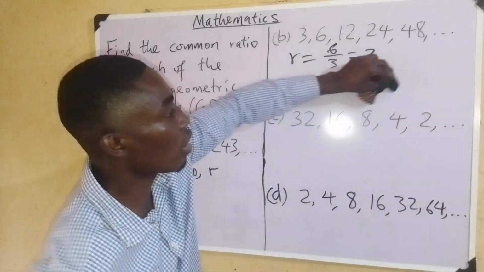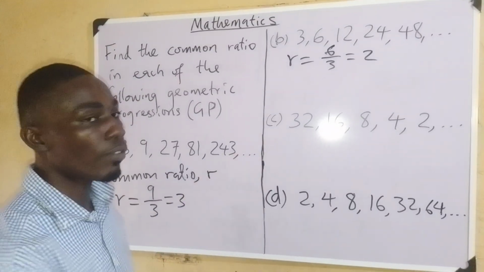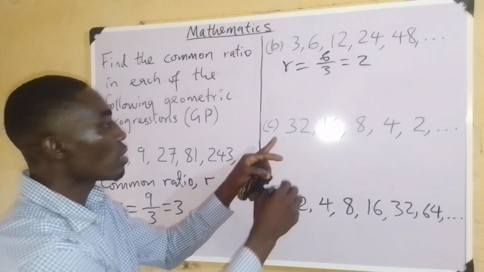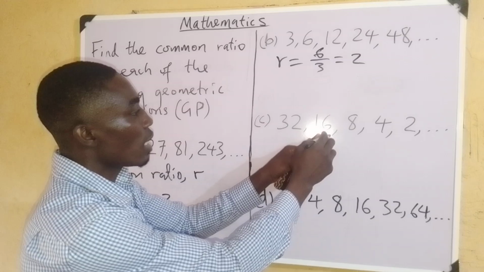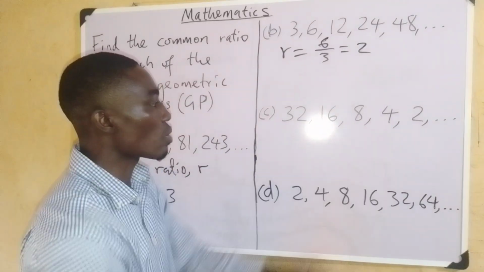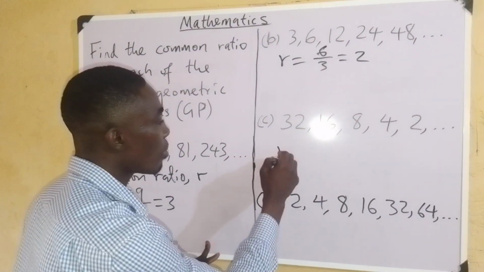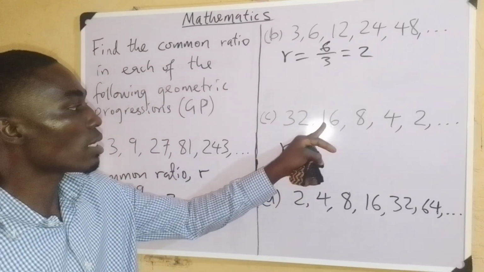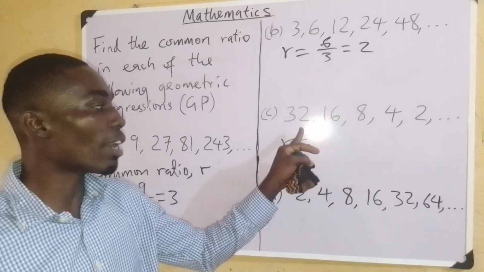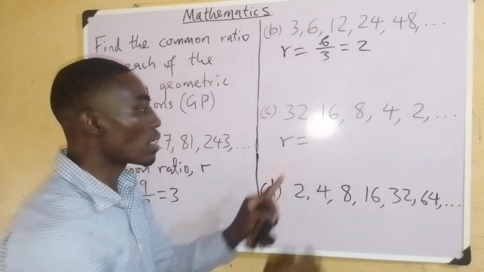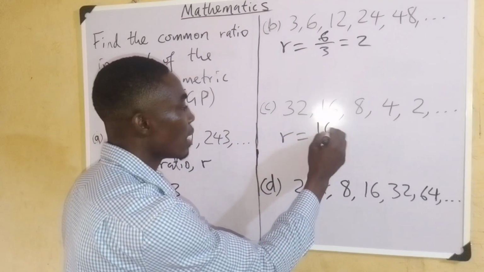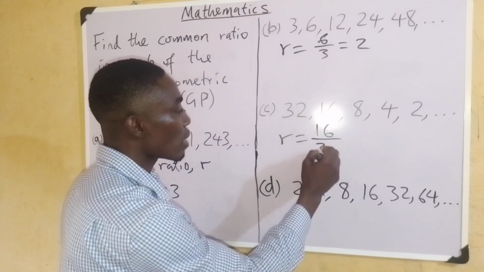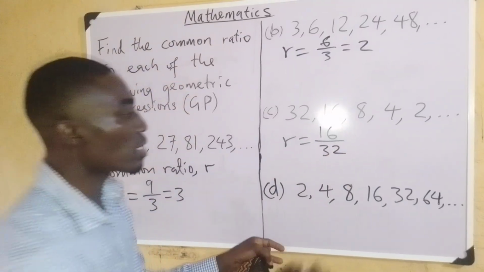And so on. Then on the third one, we have 32, 16, 8, 4, 2, and so on. So how do you get the common ratio? Just say second term divided by first term. The second term there is 16, while the first term is 32.